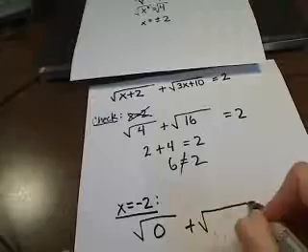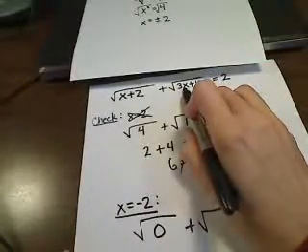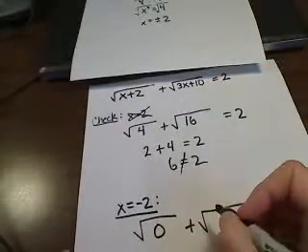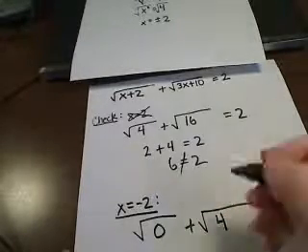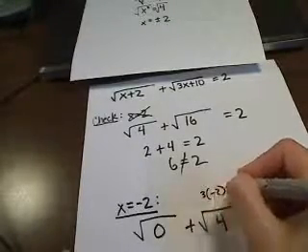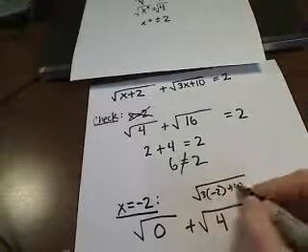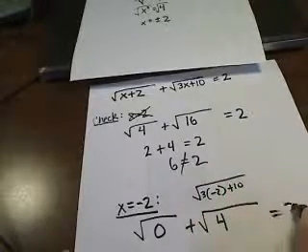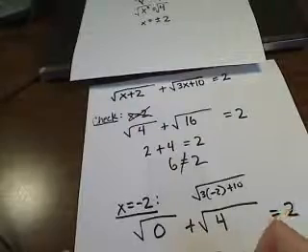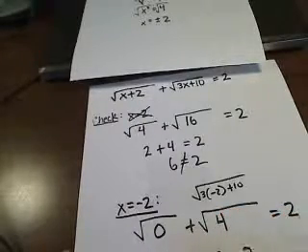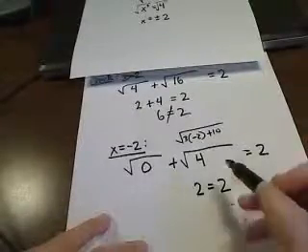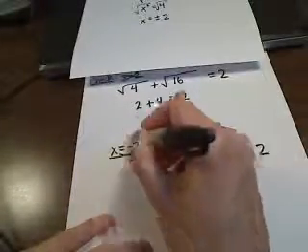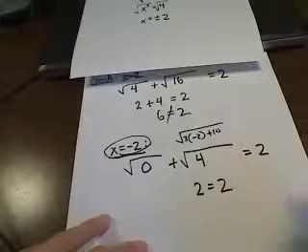And then plug negative 2 in here. 3 times negative 2 plus 10: negative 6 plus 10 gives me the 4. And so this solution will work. Square root of 4 is 2. Square root of 0 is 0. So I get 2 equals 2, and that's true. So x equals negative 2 would be the solution in this problem.